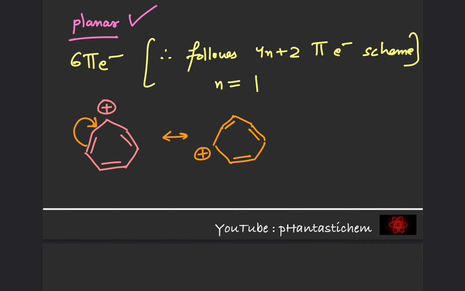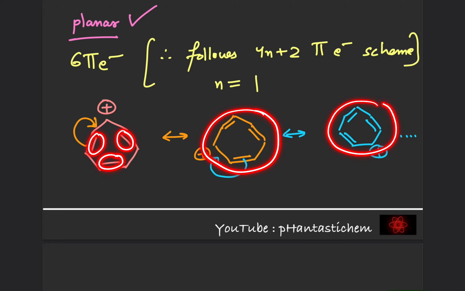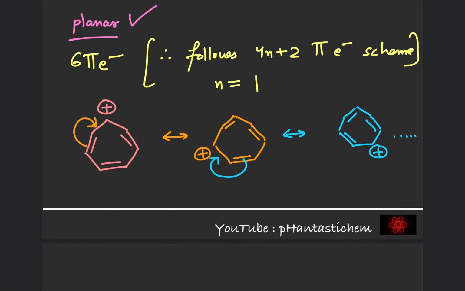To draw the next structure, I will move these pi electrons here, so I will get a positive charge here, and you can keep drawing them. So you can see these pi electrons are delocalized over the entire ring. Therefore it is aromatic.